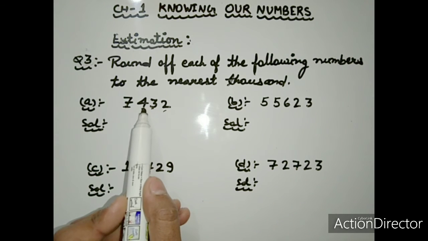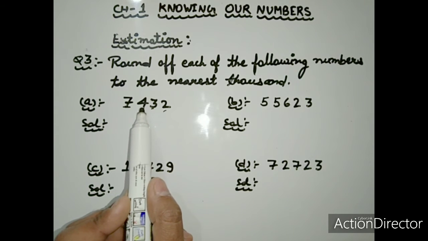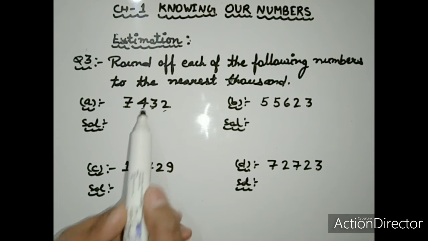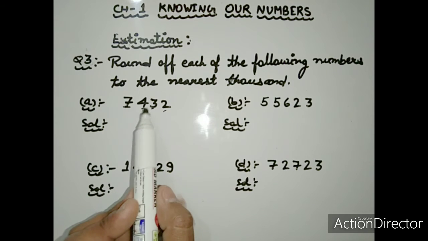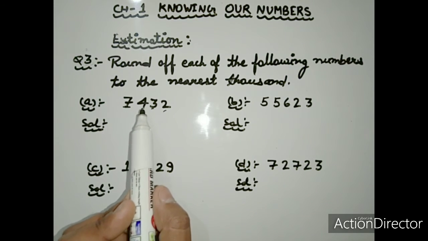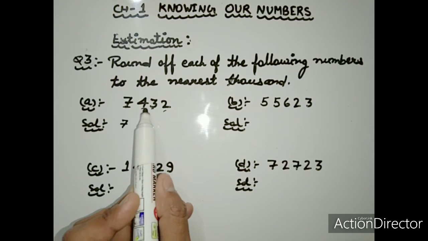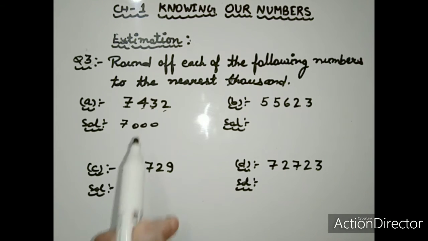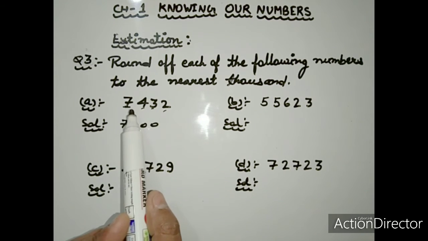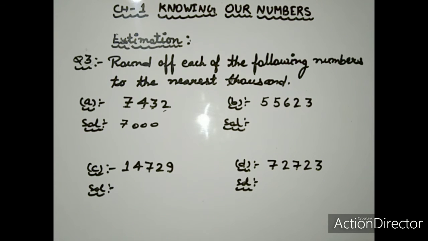The digit on the right-hand side is 4, which is smaller than 5. So the digit on the required place remains the same, and the other digits are replaced by zeros. So the number 7432 is nearest to 7000.